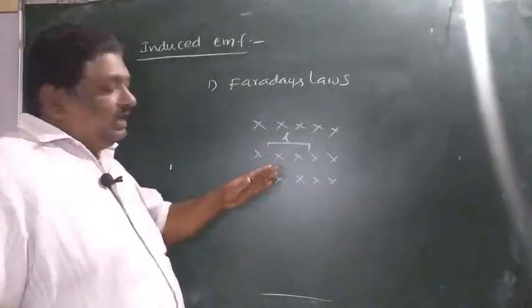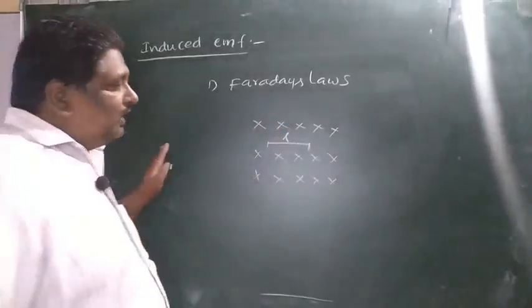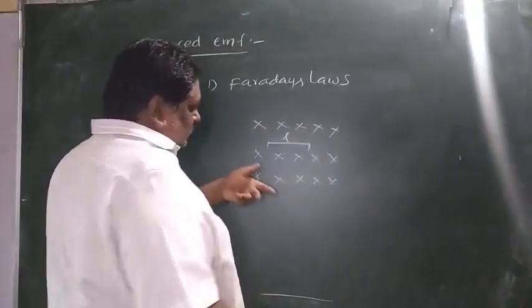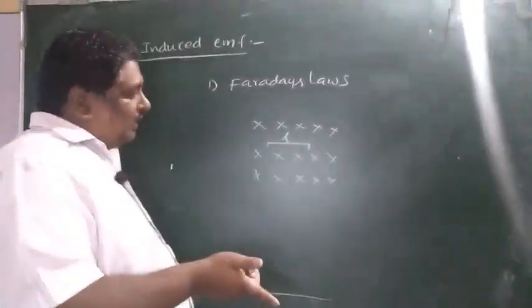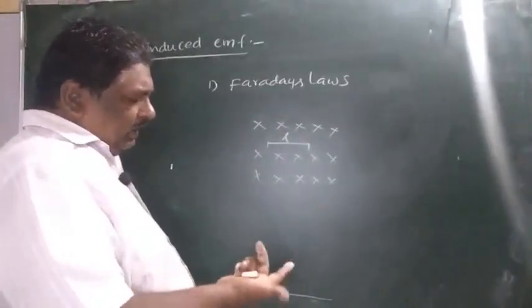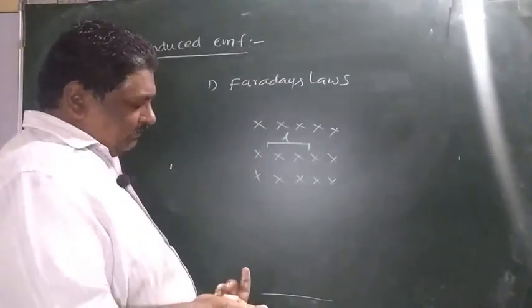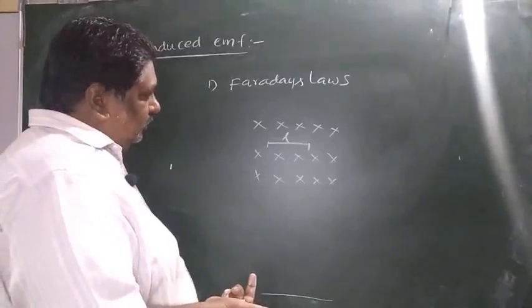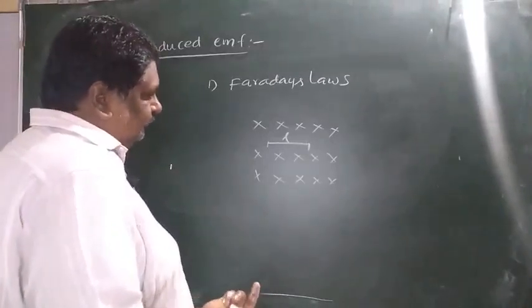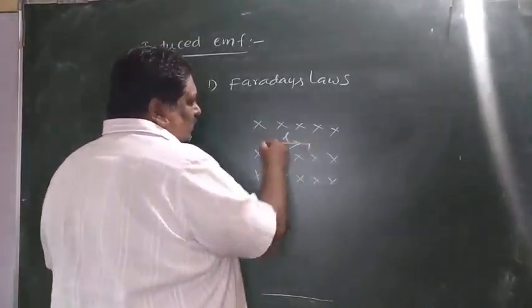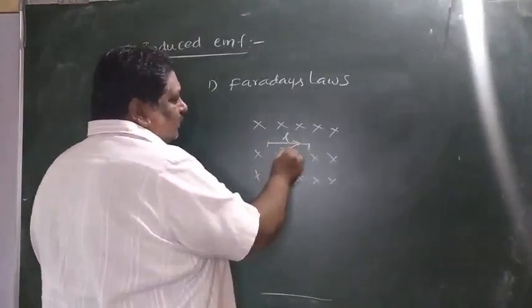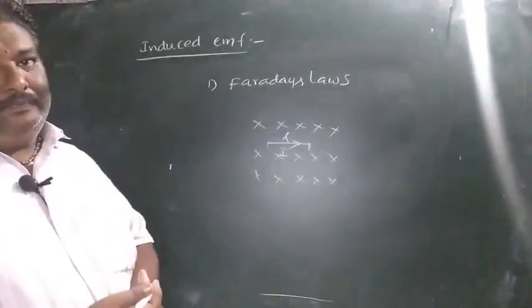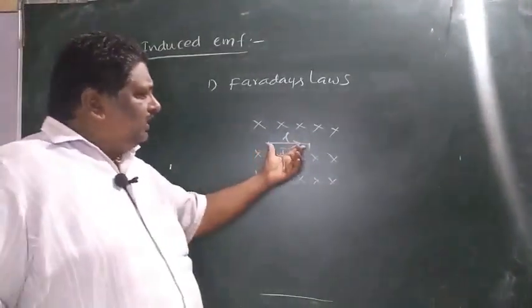That's why electrons are forced to go in one direction. Here the conductor is going down and the magnetic flux is into the board, so in this direction current is generated.